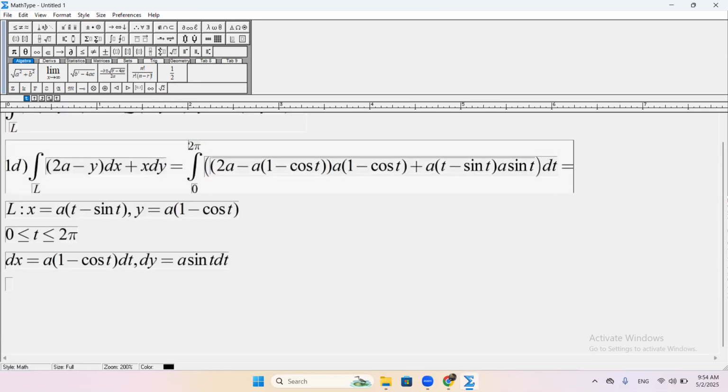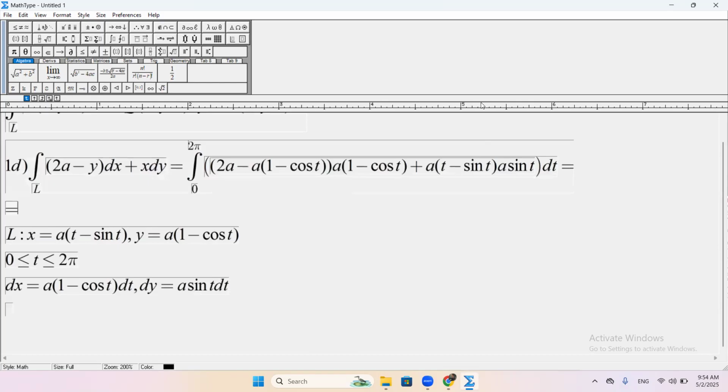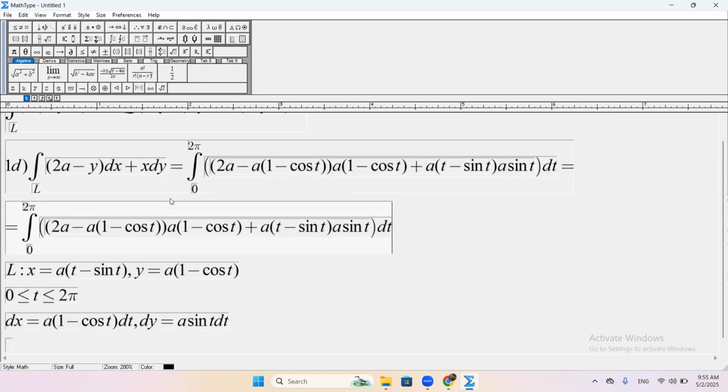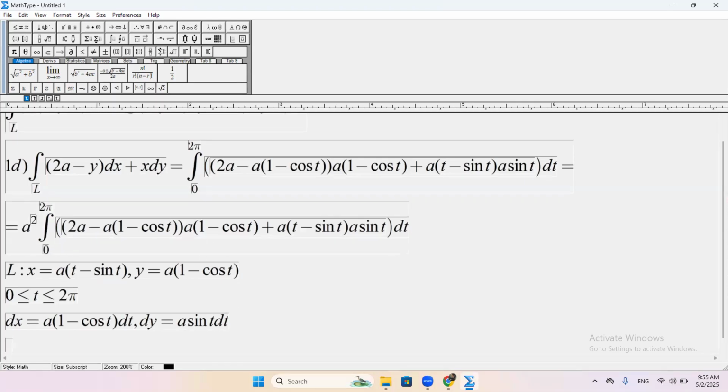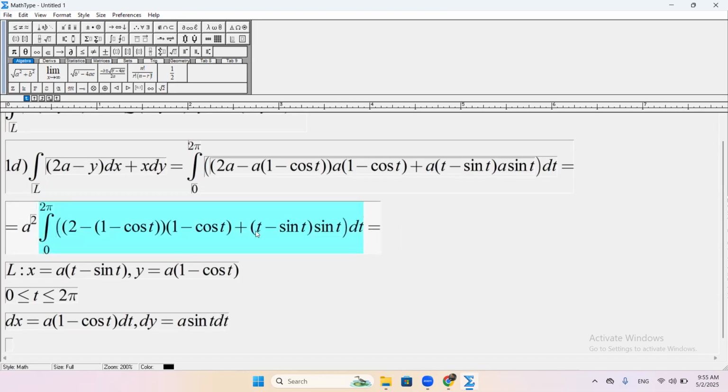And now let's simplify this integral before we calculate it. So what can be simplified first of all? First of all, we will move a square out of brackets, because everything is square, so we can simplify it. And now expanding brackets. So it is the next step.